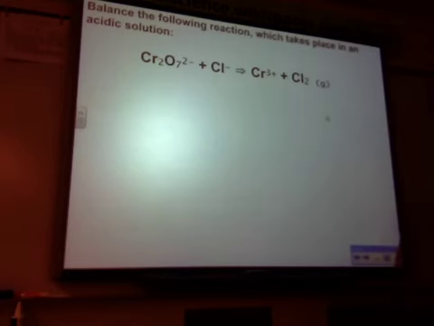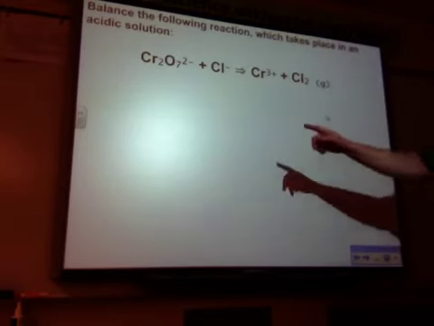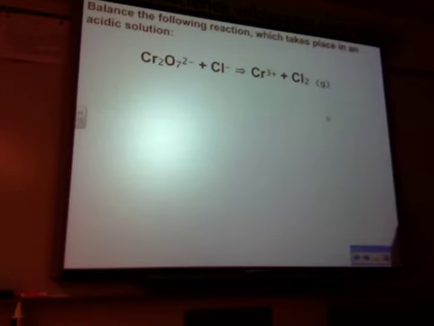Here is a problem we are going to learn how to solve together. Balance the following reaction which takes place in an acidic solution. Now, if you're looking at that, your initial thought is, what in the world is going on here?